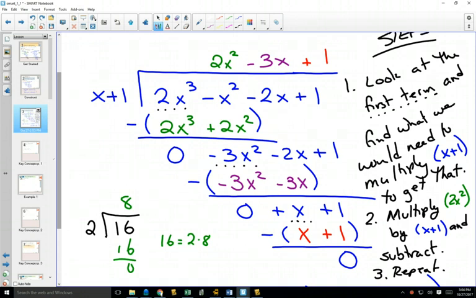Now we say, what would I need to multiply that x plus 1 by to get that negative 3x squared? Now it's a negative 3x. Multiply that negative 3x times your x plus 1 and subtract. We repeat again, and we keep repeating until we get to a number that you can't multiply x by. And we're never going into multiplying by 1 over x's or anything like that. And that's your remainder.